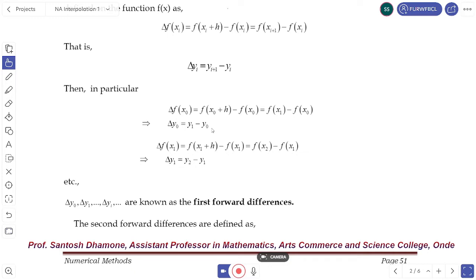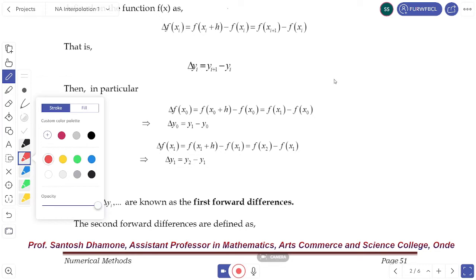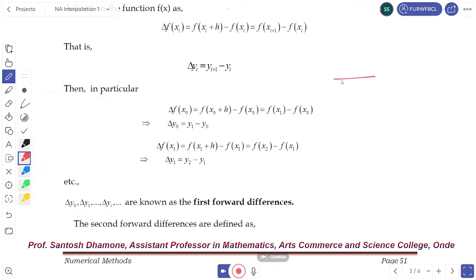How do you understand this? Suppose here is y0 and here is y.